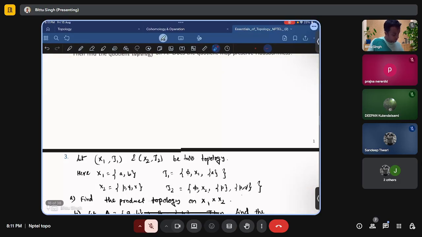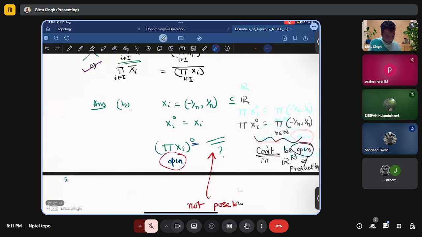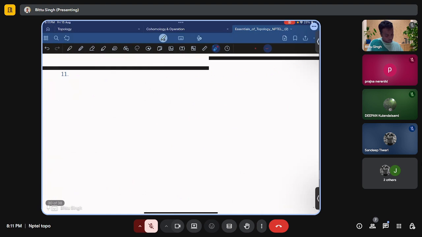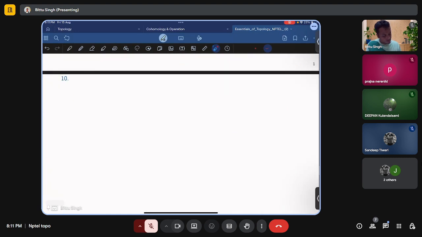Let me motivate this quotient topology. So what is quotient topology? Suppose I have given you the interval I, closed 0, 1. Just think of it as a small thread.